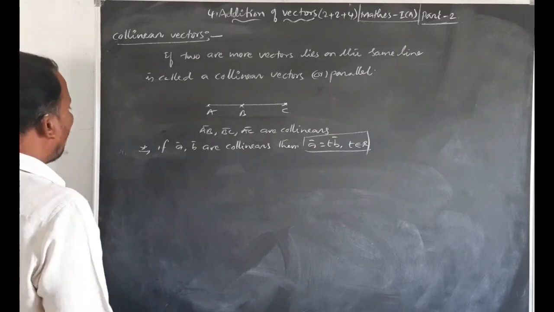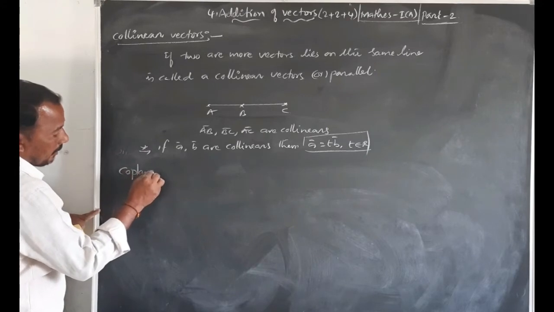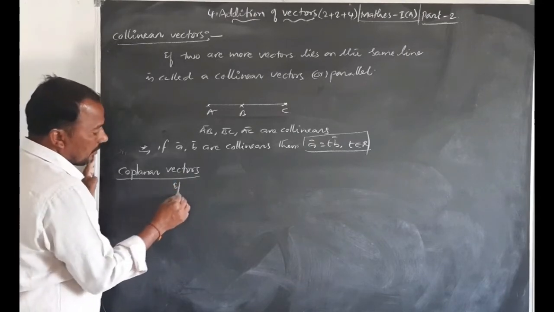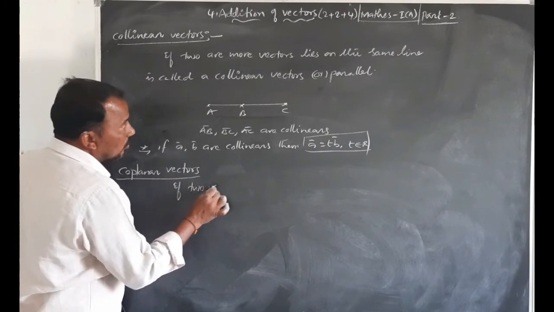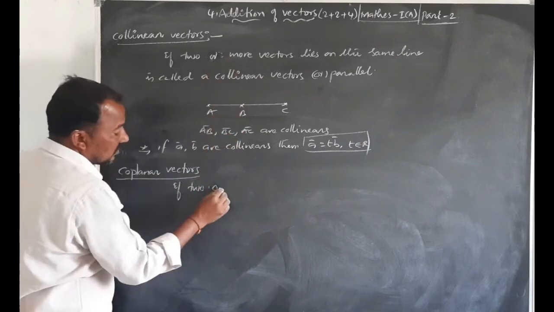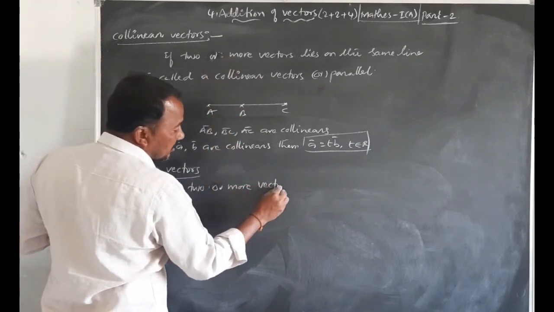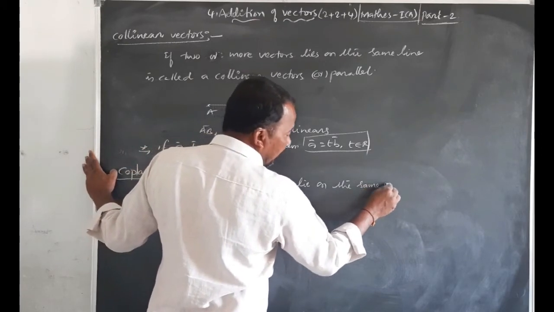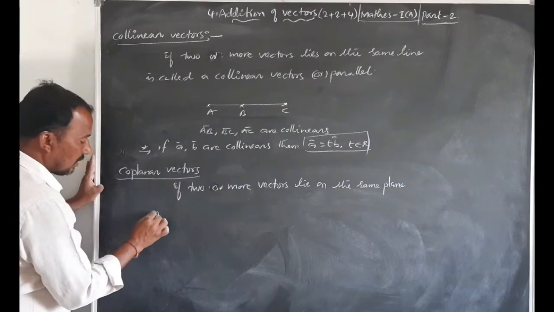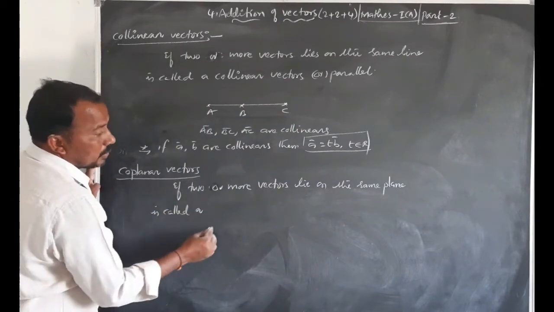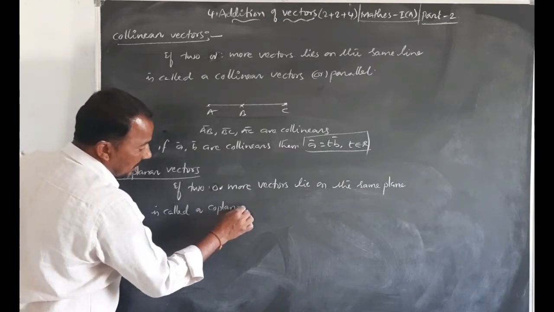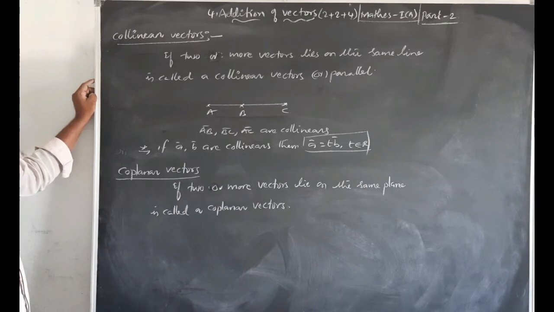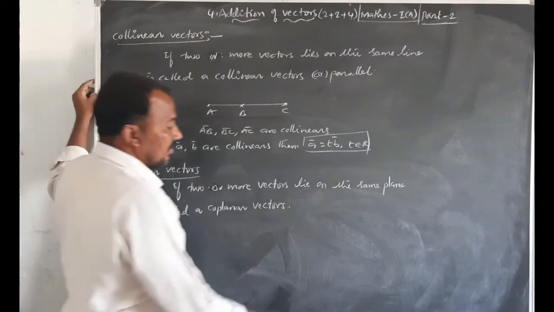Next, coplanar vectors. Similarly, if two or more vectors lie on the same plane, they are called coplanar vectors.